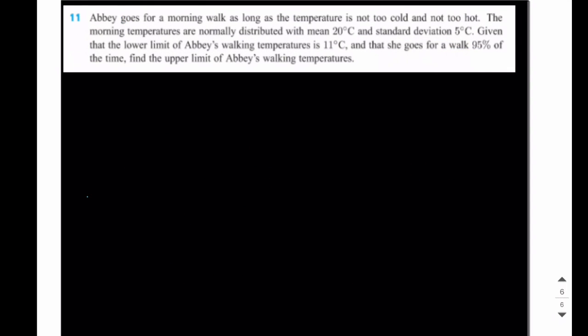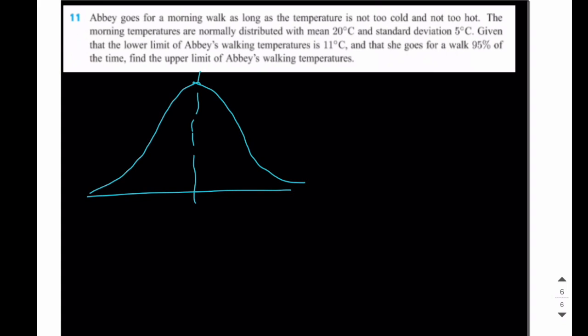Okay, so the picture for number 11 is going to look like that. Remember, you always need to do the picture. So the mean is 20. We know that her minimum temperature that she goes is 11 degrees, so she doesn't go below 11. And we have K, and then we know this.